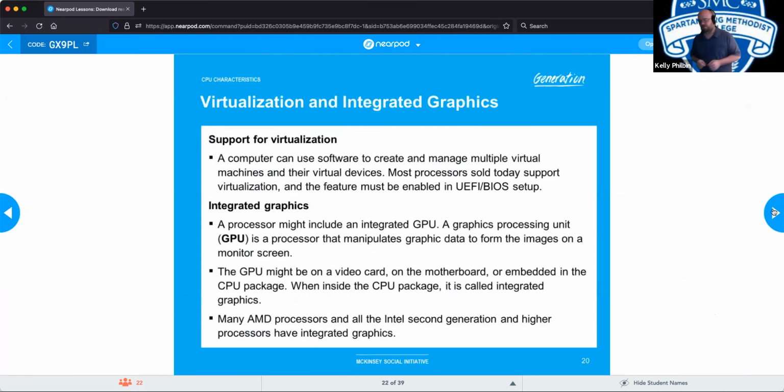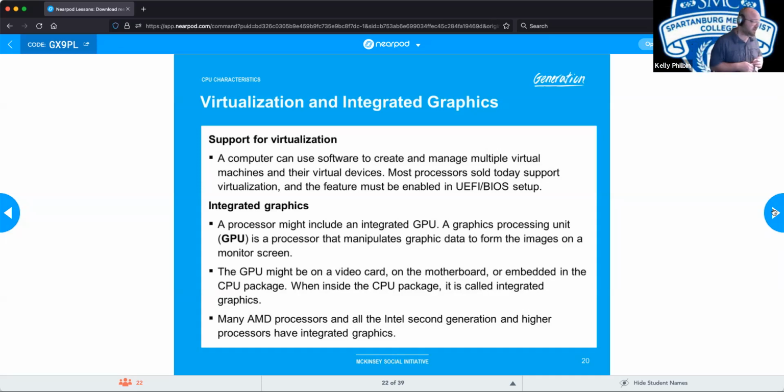Virtualization and integrated graphics. Modern processors can use software to create multiple virtual instances, like virtual desktops, or if you basically want to have multiple operating systems on your computer, or if you want to run tests or sandbox tests and things like that, you can set up a virtual instance.